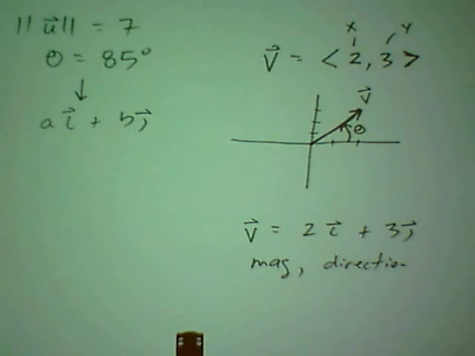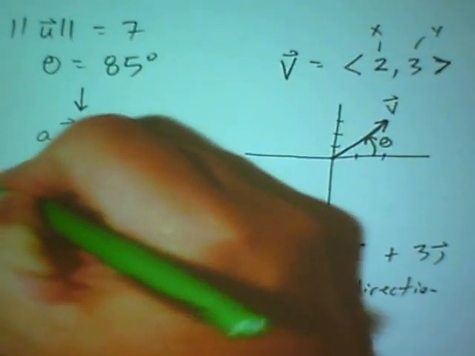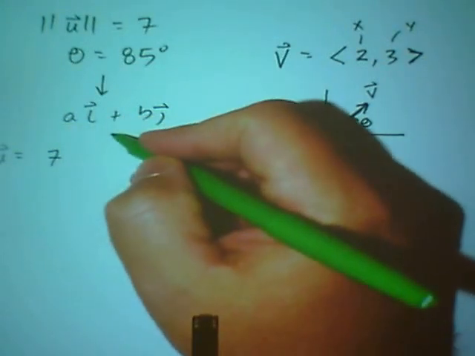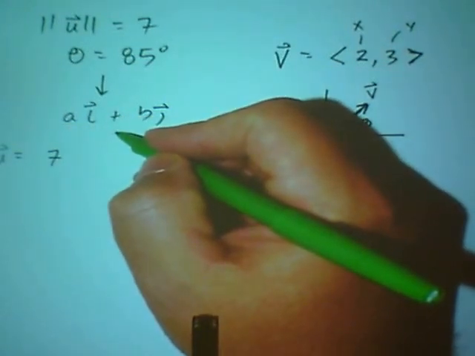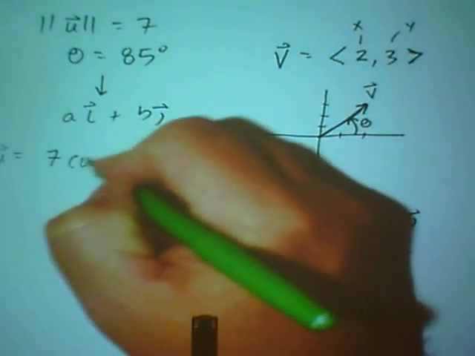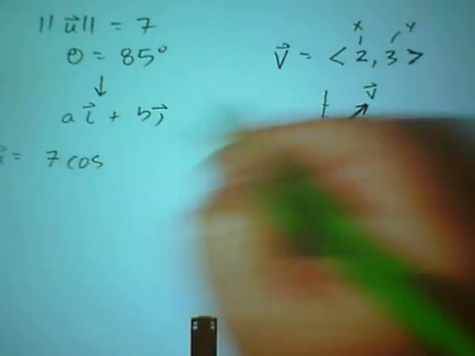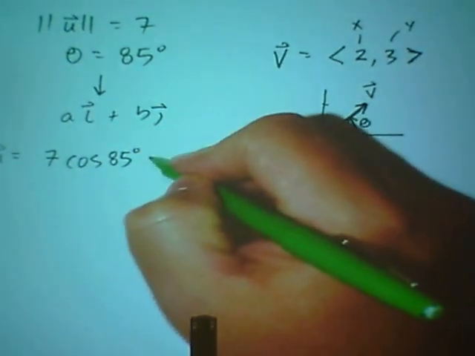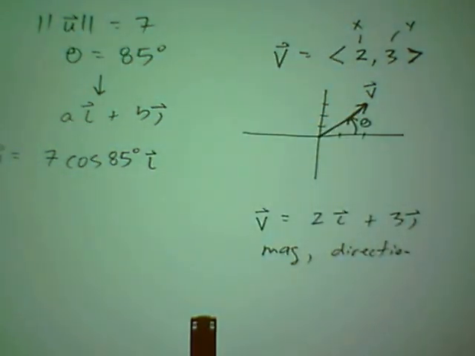There's a fairly straightforward little formula that we derived in class from the Pythagorean theorem that allows us to do this. So I'm going to say the vector u: you simply take the magnitude for the i part, or we can also think of this as the x part. Take the magnitude times the cosine of the angle, and that becomes the i part of your vector.